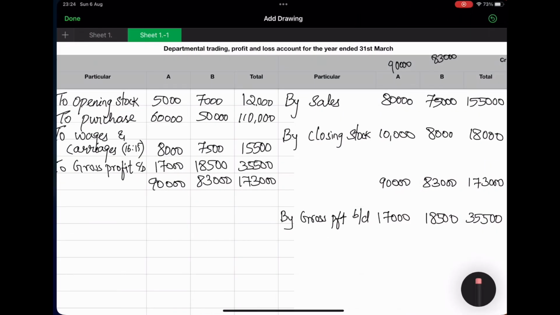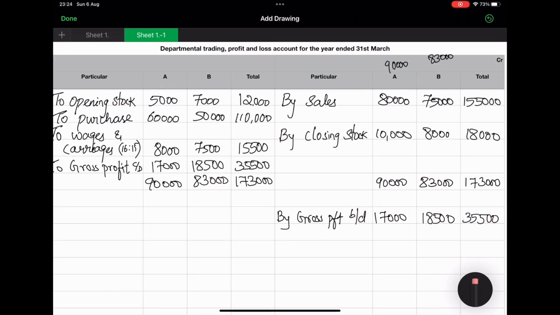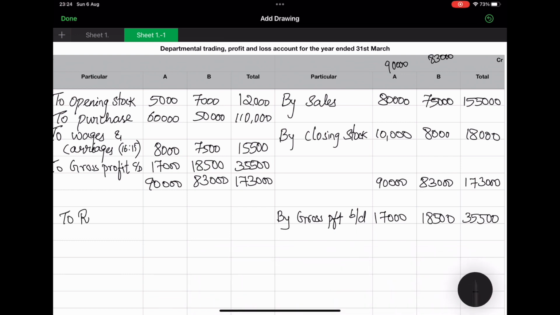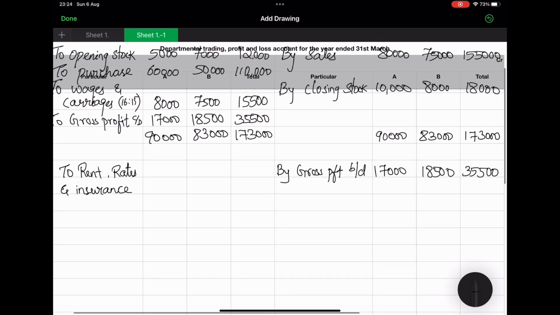Total how much they have given? To rent, rates and insurance. How much they have given?